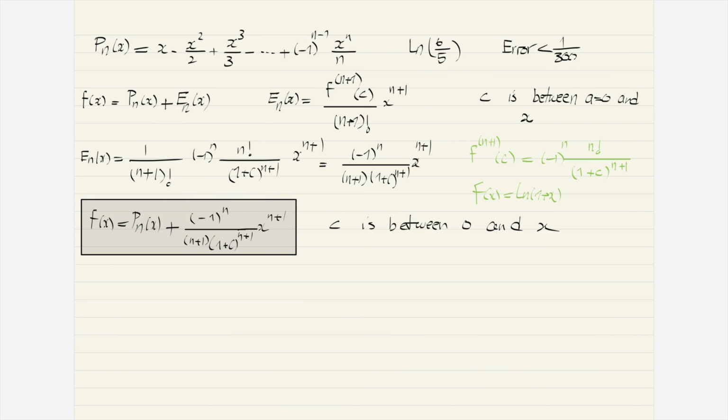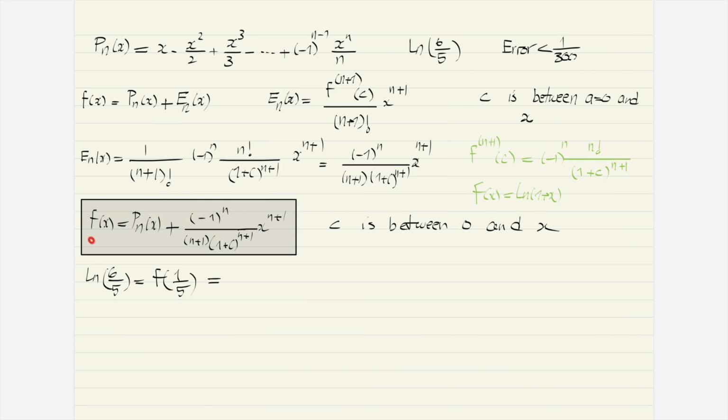My goal is to calculate ln of 6 over 5. So which value of x should I choose so that ln of 1 plus that x becomes exactly ln of 6 over 5? That's very simple. So x should be 1 over 5, because 1 over 5 plus 1 is exactly 6 over 5. So ln of 6 over 5 is indeed equal to f, but calculated at 1 over 5.